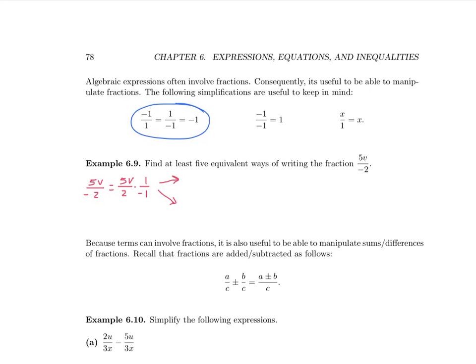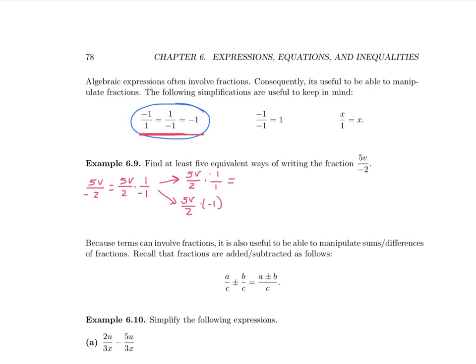On the one hand, I could rewrite this as 5v over 2 times negative 1 over 1, or I could write this as 5v over 2 times a negative 1. Again, because all of these are the same.